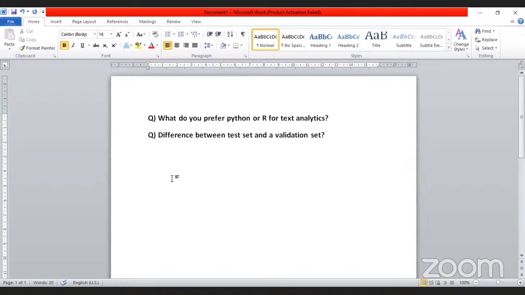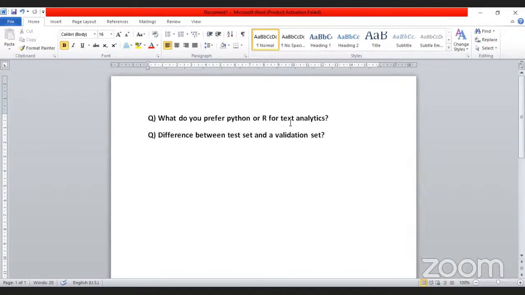When we are using the validation set, it is used for parameter selection and avoiding overfitting while building a model. The test set is used for testing or evaluating the performance of our trained machine learning model, right?